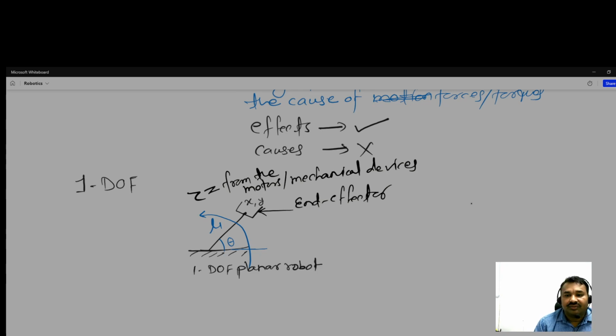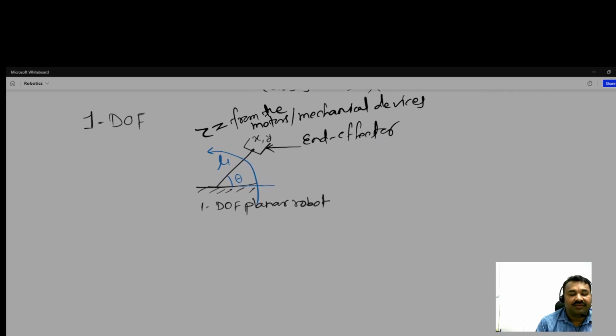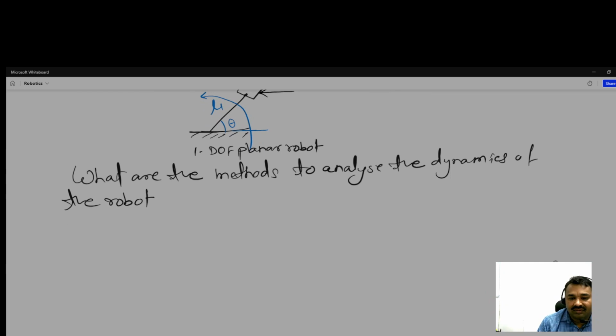Now what we have to do? As we know, what are the methods to analyze the dynamics of the robot? And what is a robot?